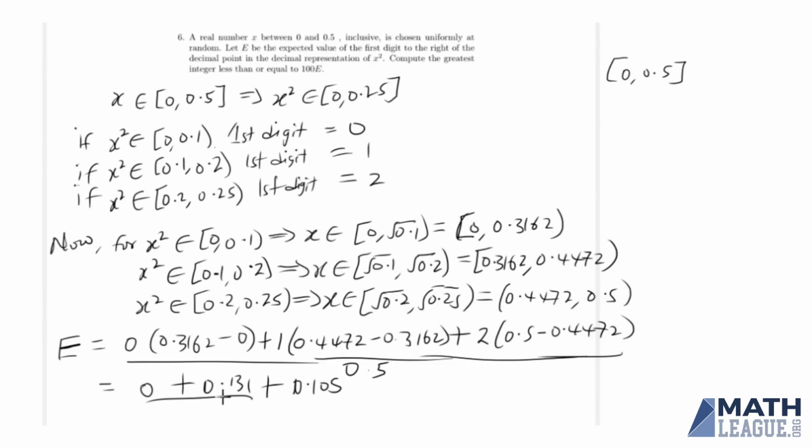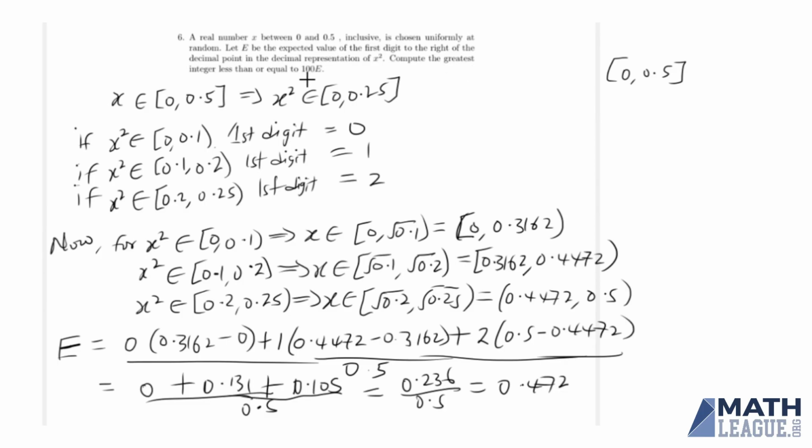Then we divide all this by 0.5. The numerator gives us 0.236 over 0.5, and this gives us 0.472.